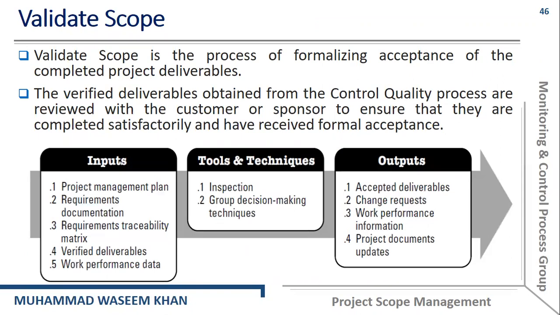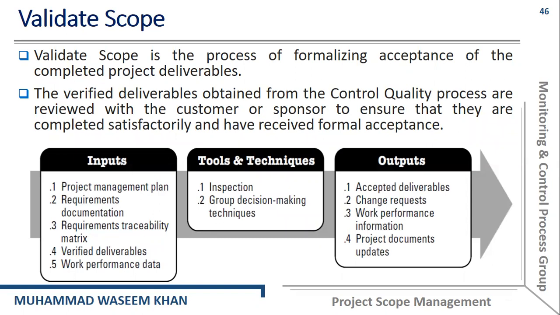What is validate scope? Validating scope is the process of formalizing acceptance of the completed project deliverables. So in validating scope, we are formally accepting the products or the services or the results that are produced as a result of the previous processes or the project.